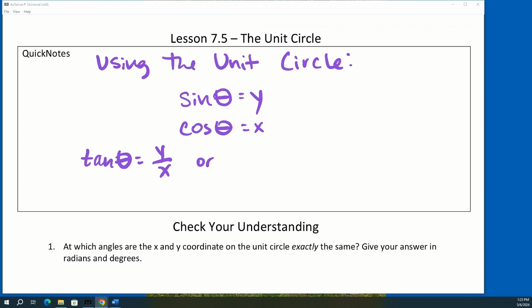So the other thing you can do is do y times the reciprocal of x. Now, if your x's and y's are zeros or ones, then just go ahead and do y over x. No big deal. But if they're fractions that have the 1/2 and square root of 3 over 2, I think it's easier to multiply by those two.